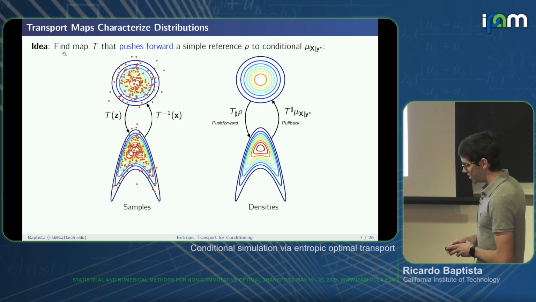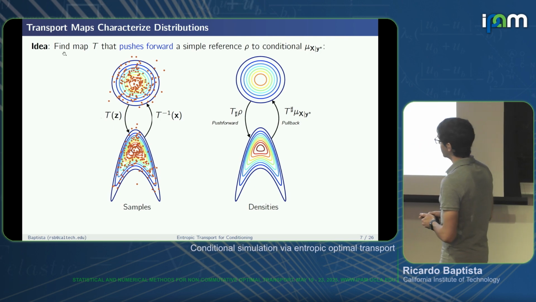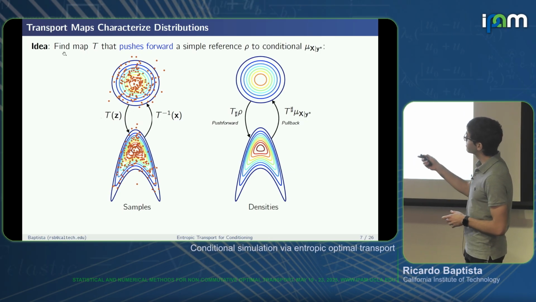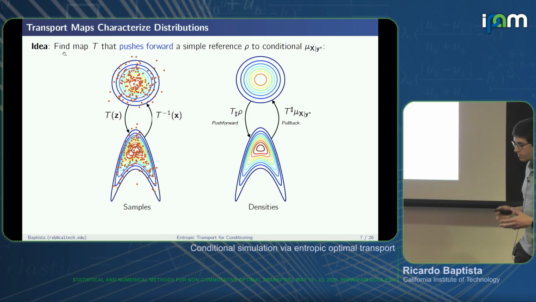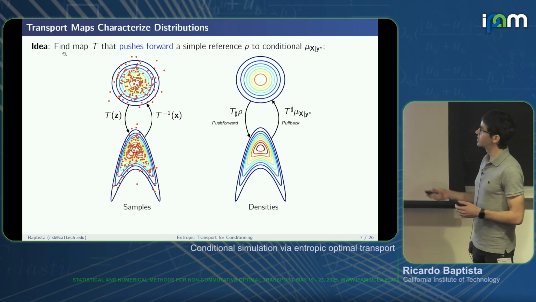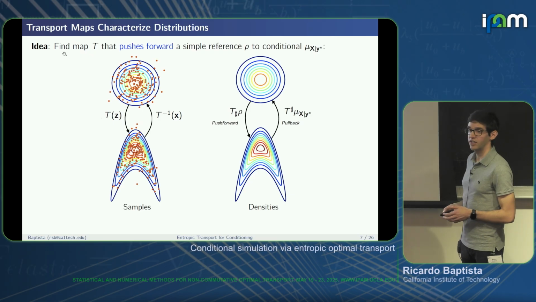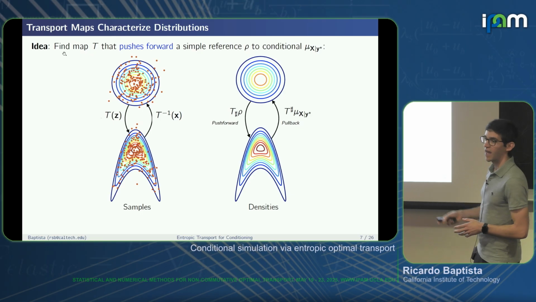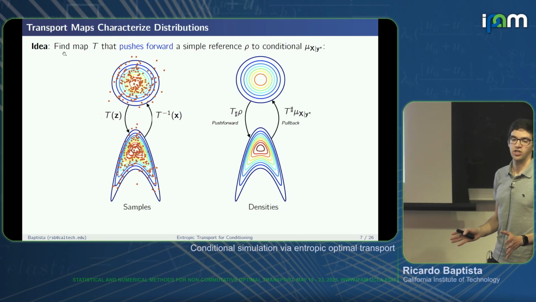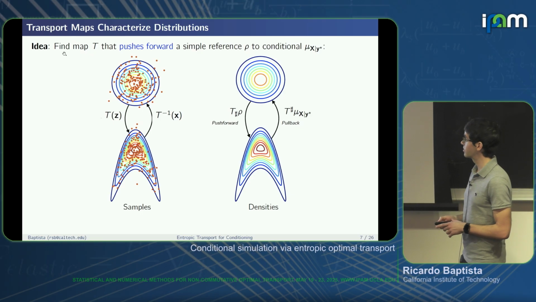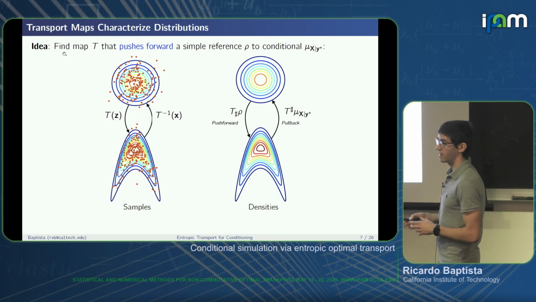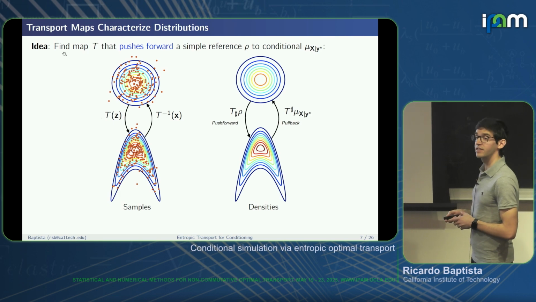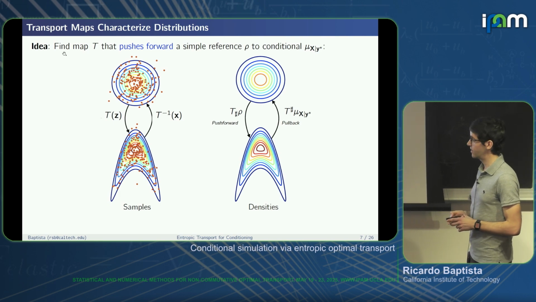What I'm interested in, to address this conditional sampling problem, is to look for a map T that pushes forward some reference distribution, like a standard Gaussian, something that we can easily sample from, to ideally an arbitrary conditional that we're interested in. So a conditional for the state given a realization of the conditioning variable.